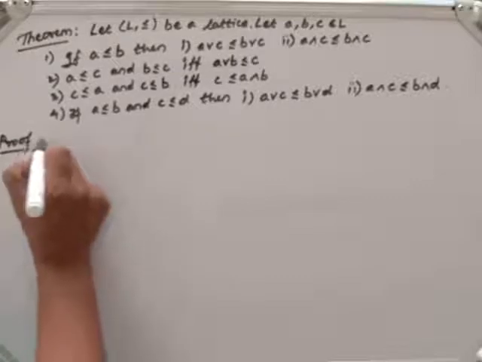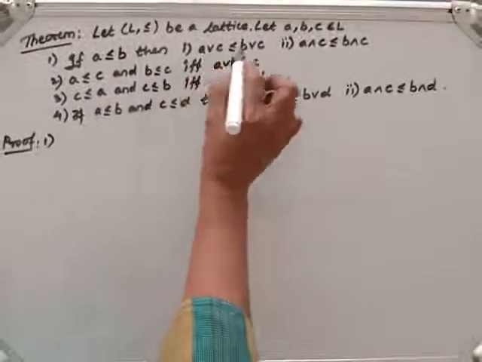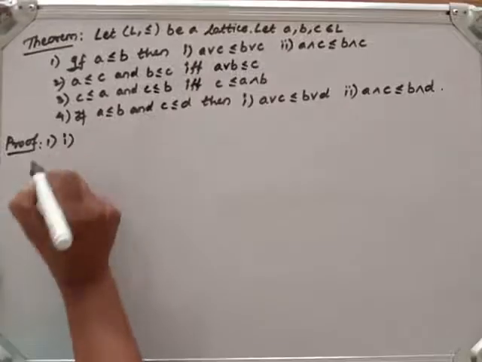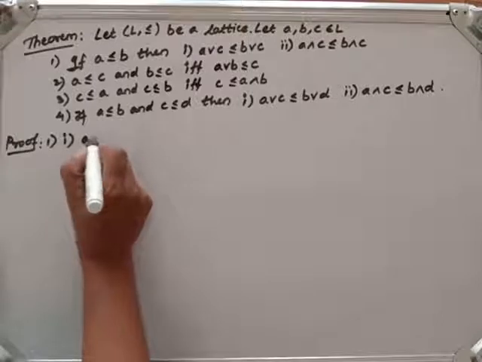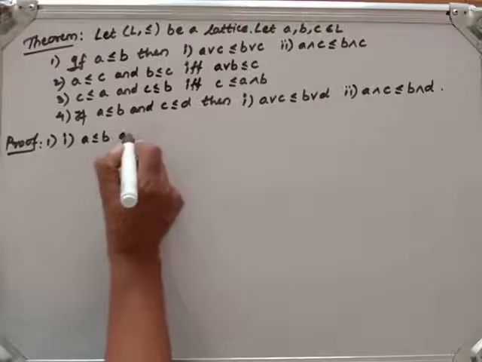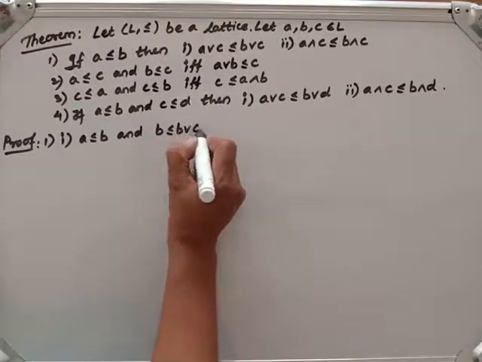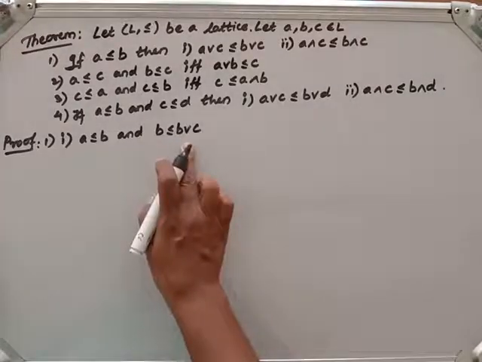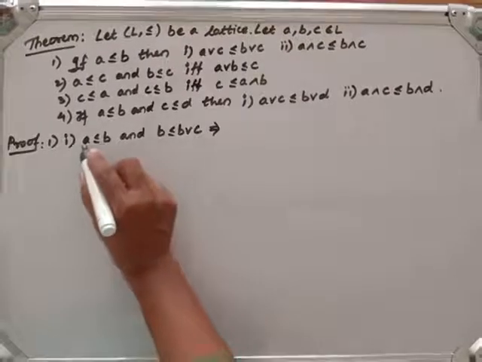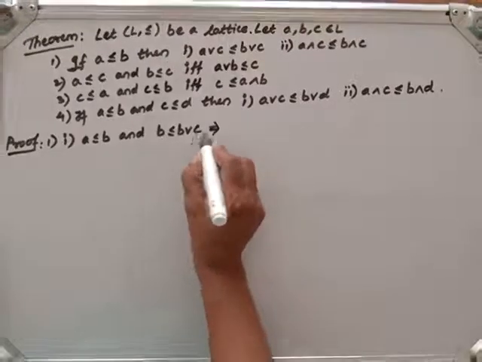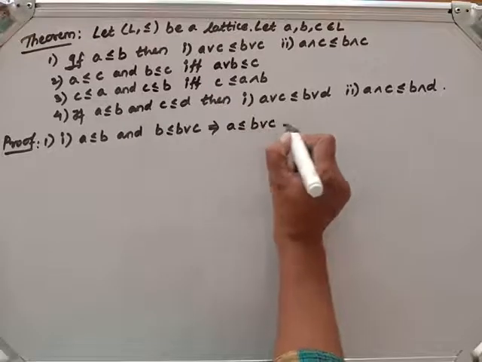Proof. Now the first one, let me prove the first one. This is given, A related to B. We know B related to B join C. So by transitivity, this implies A related to B, B related to B join C, so A related to B join C. What is the reason?